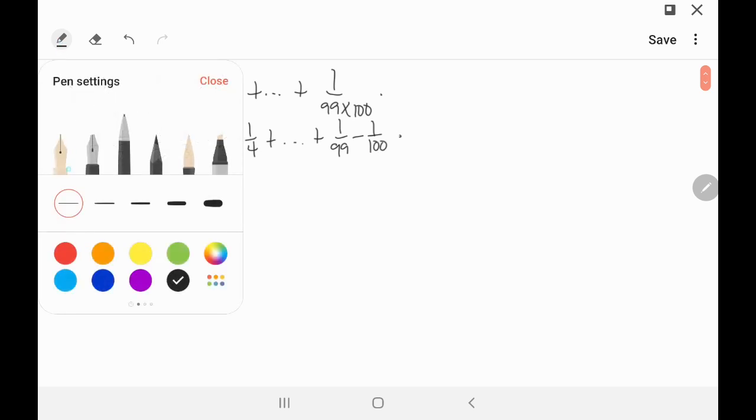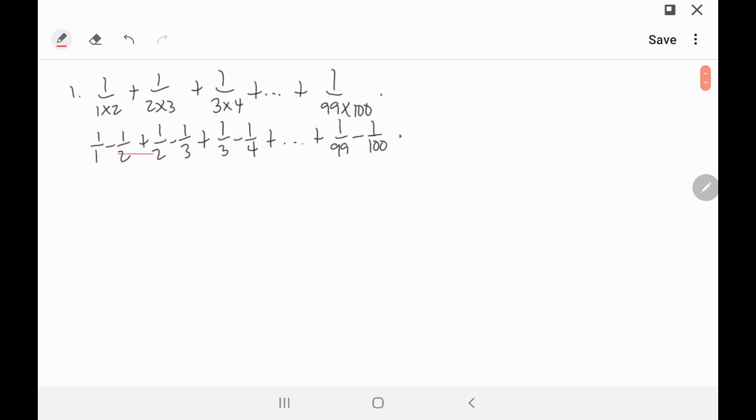And as you can see, we can cancel out positive 1 half and negative 1 half, positive 1/3 and negative 1/3, that's 0. And also this negative 1/4 will cancel out with the next fraction, which is surely positive 1/4. And then this 1 over 99 will also cancel out with the preceding fraction, which is negative 1 over 99.